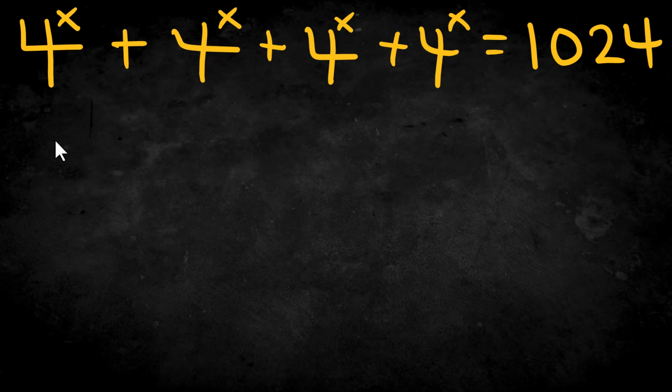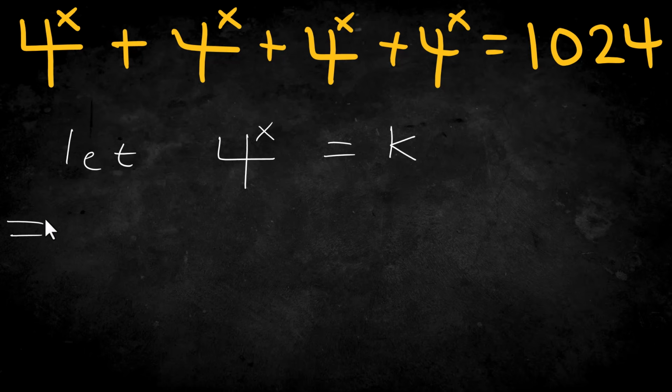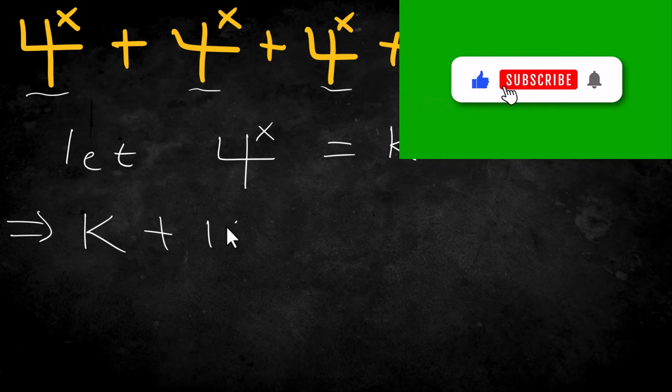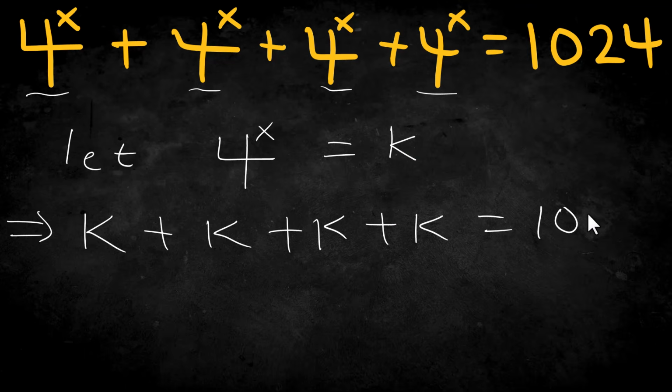Now, step 1, we can let 4 raised to the power x be a variable, say k. So we can do substitution here, or make this side k, k, k. So we have k plus k plus k plus k equals 1024.